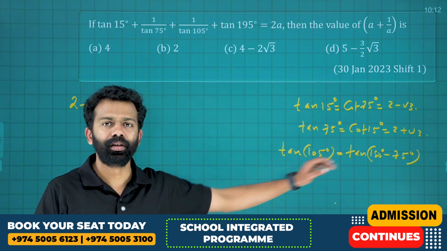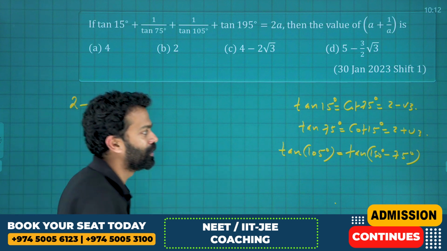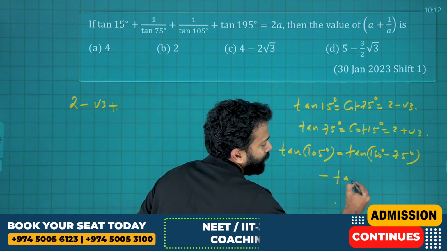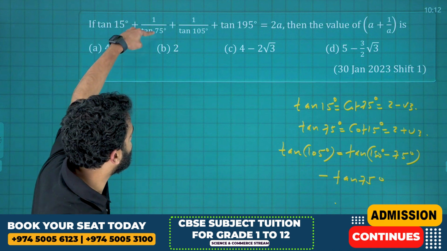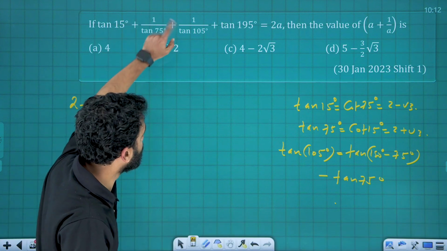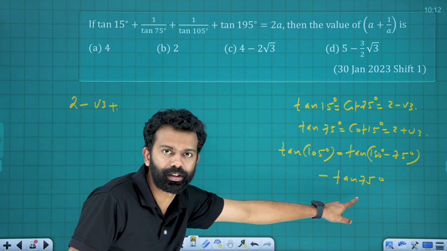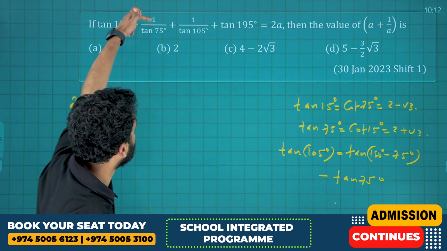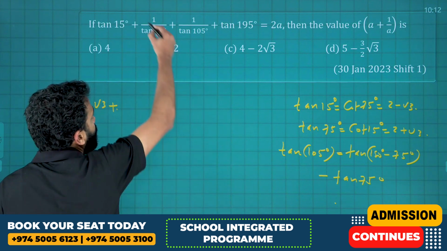Pi minus means it comes in the second quadrant. In the second quadrant, tan is negative. So, this becomes minus tan 75 degree. Hope you are getting the idea here. So, tan 105 degree becomes minus tan 75 degree. Basically, 1 by tan 75 minus 1 by tan 75 will get cancelled.